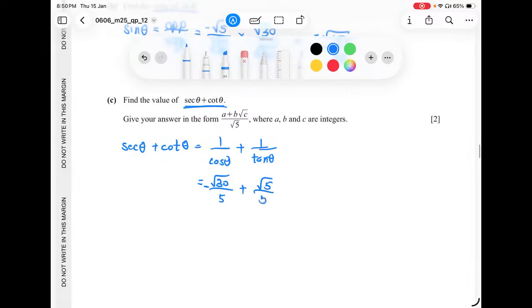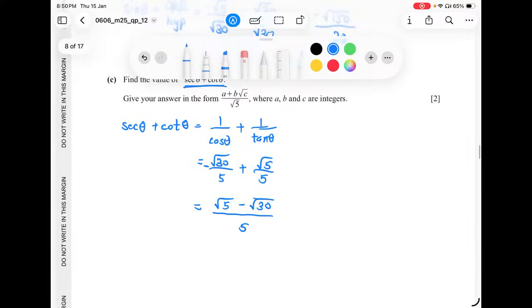Root 5 over 5. So from this you can just do the calculation on the numerator. Root 30 over 5. So they're asking you to write it in the form of a plus b root c over root 5.